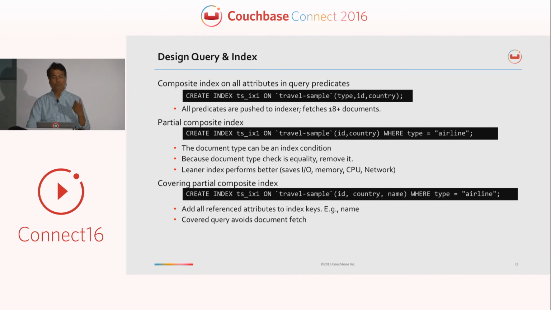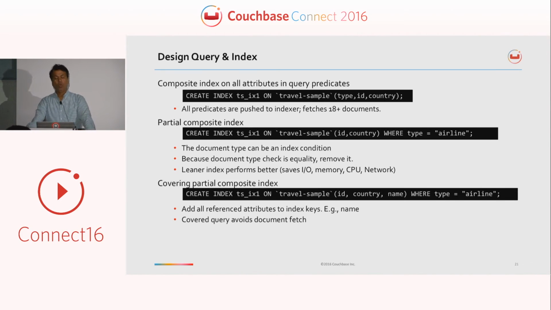Now we said, well, we had the type as a differentiating field, and why not we make it a condition, right? We are already grouping the documents by airline, hotels, and all that, and we create an index with ID and country and move the airline to the index as a condition.